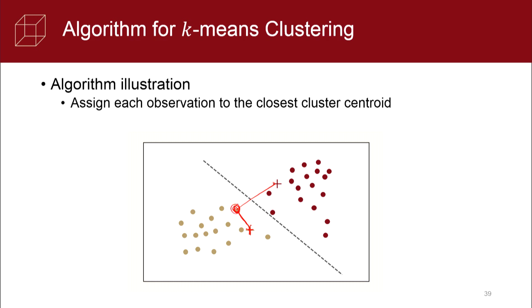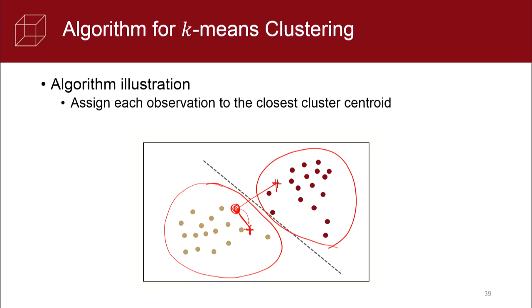Then you assign this data point to the yellow centroid, right? And this is what we have as a result. All the data points on this side are assigned to the yellow centroid, and all the data points above belong to the red centroid.